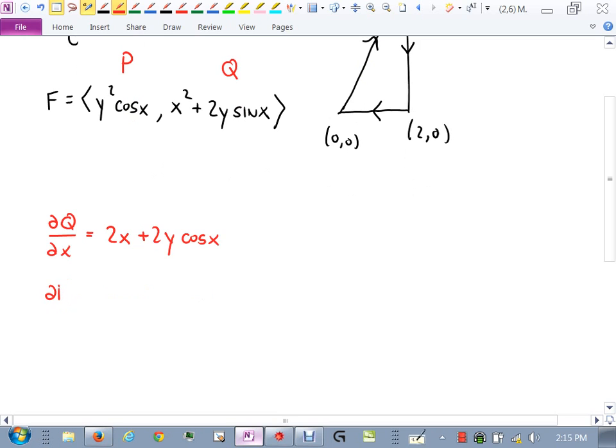What's the partial P with respect to y? 2y cosine x. Agreed? What does that tell you? This is not a conservative vector field. So, important thing here: you would not go trying to find the potential function. Why? It's not going to exist. Now, we've never tried to find a potential function of something that doesn't have one, but I'd imagine there's got to be some problems in there, right? I mean, there's got to be an issue somehow in there.